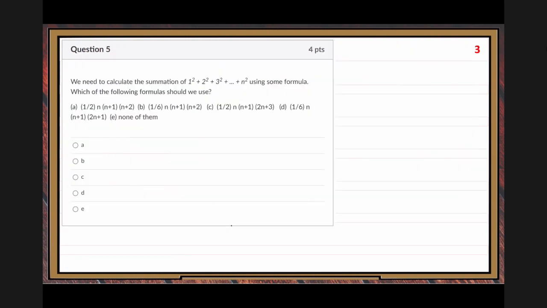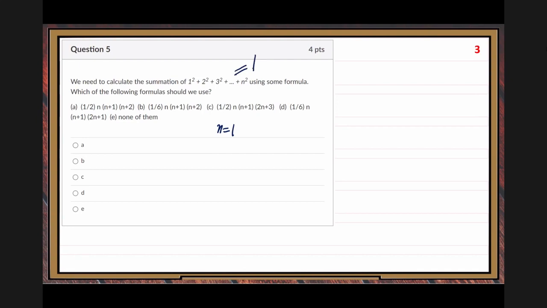For this one, how to find the correct formula? Plug in simple numbers to eliminate. If the answer is incorrect, then eliminate it. That's the goal. So when n equals 1, there is only 1 square, so the answer is 1.